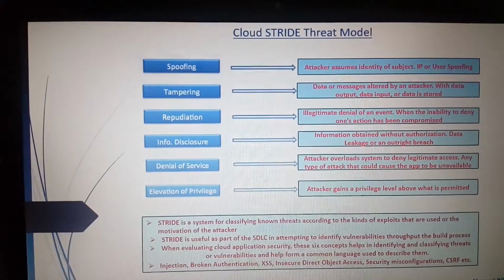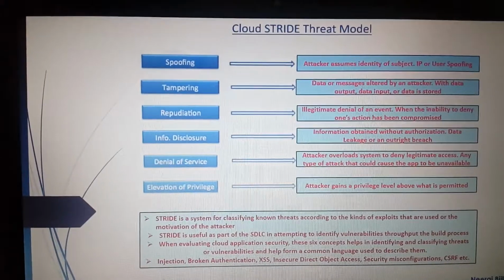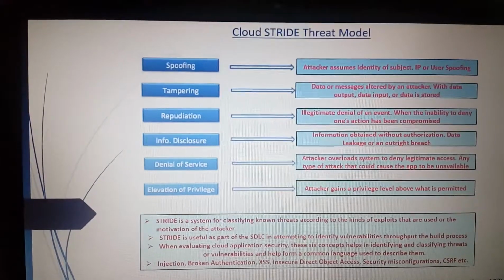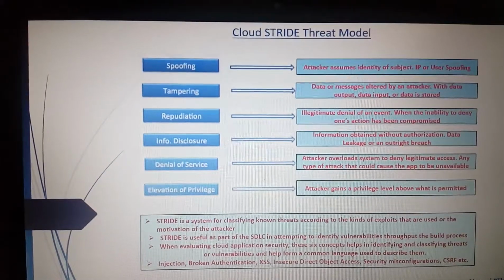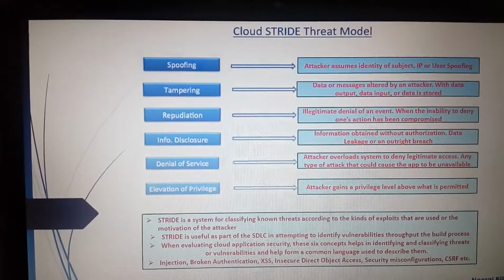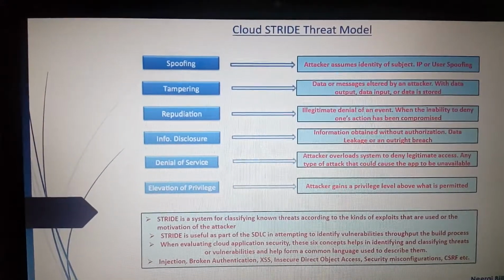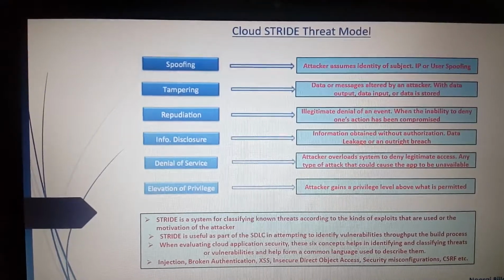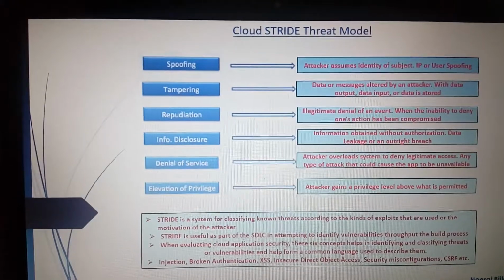So let's have a closer look at spoofing, where an attacker assumes the identity of a subject, whether it's IP spoofing or user spoofing, where users try to spoof your IP address or user identity. So this is one kind of threat in the applications, right?